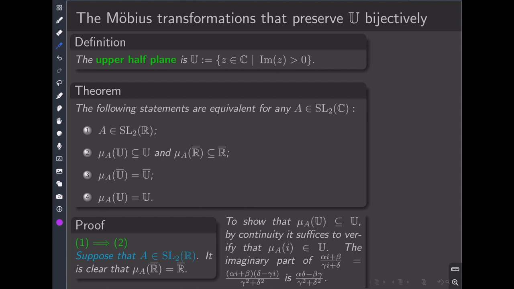And the nice thing is that your obvious guess works, and only those work. That's the nice thing about this result. So it's equivalent that A is in SL2R, or that mu A preserves U, who knows if bijectively or not, but it also preserves the topological boundary of U in C bar, which, by the way, what else can it be but R union infinity?